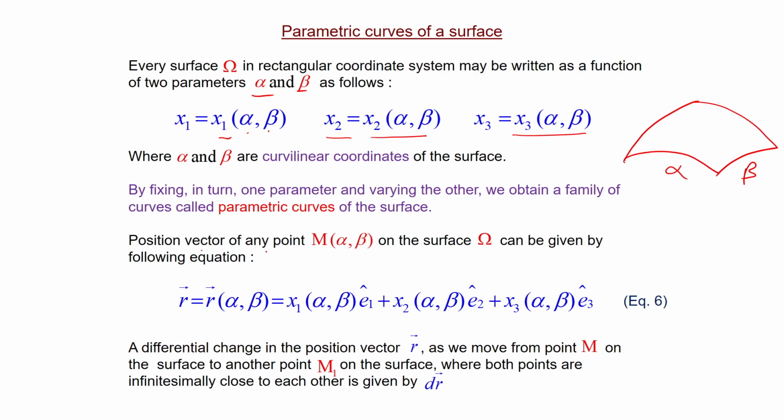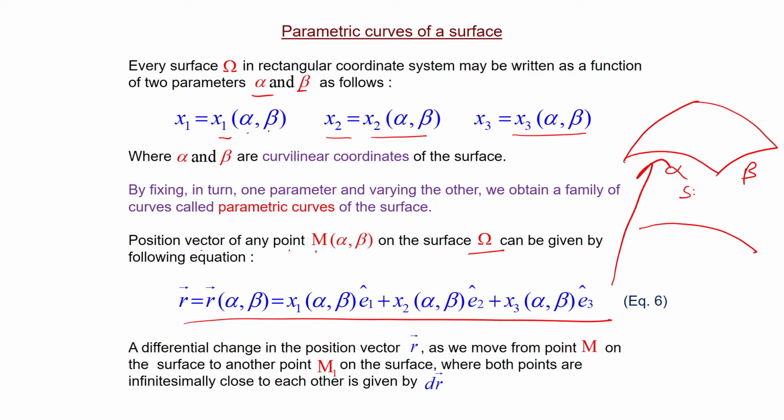So, the position vector of any point M on this surface can be given by x1 E1, x2 E2, x3 E3. First we defined a position vector for a single curve. Now, we have defined a position vector for a surface. Now, a differential change in position r hat. Let us say it moves from point 1 to point 2, the change is dr, position vector r plus dr. We are interested to find out what dr is first.